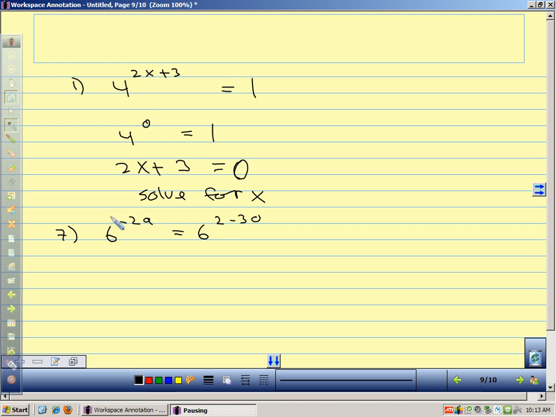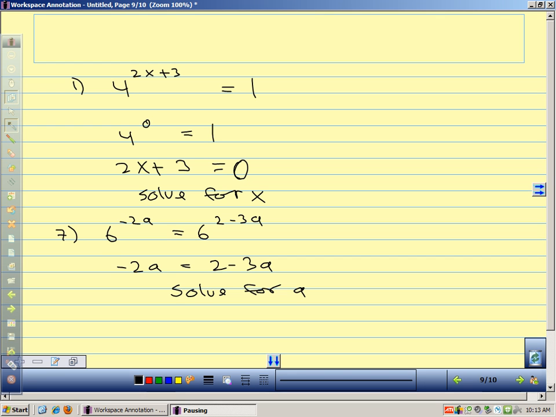The exponents have to be the same. We have to raise 6 to the same exponent. This tells us that negative 2a equals 2 minus 3a, and we want to solve for a. There are several like that.